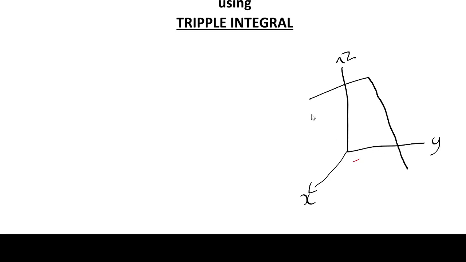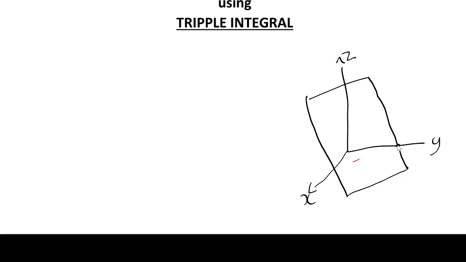When I take a three-dimensional plane with the x, y, and z axes, we'll get a plane something like this.